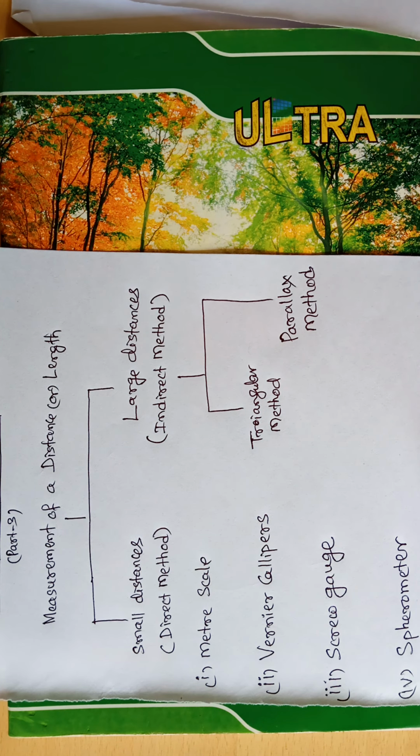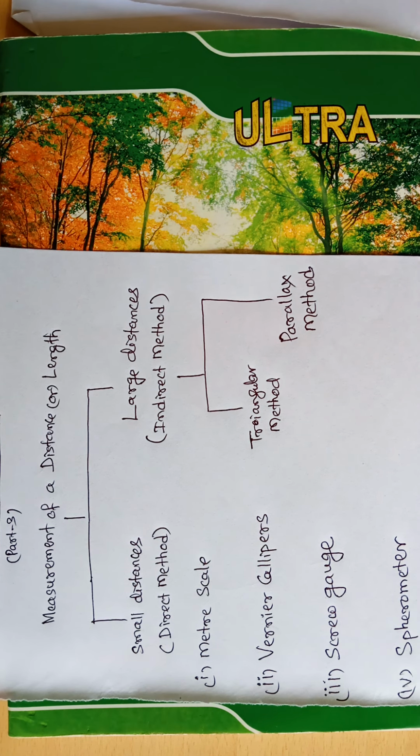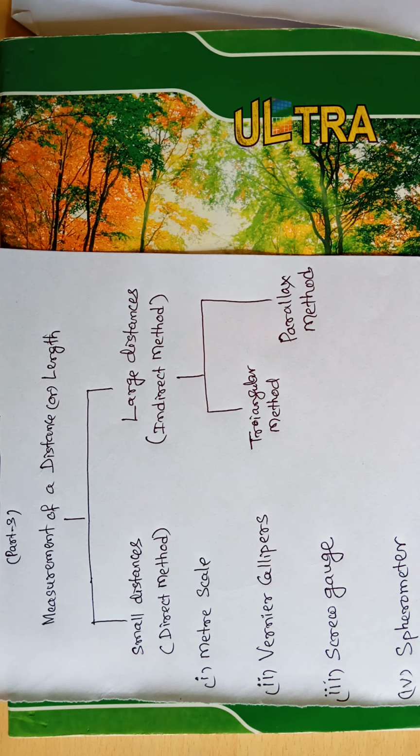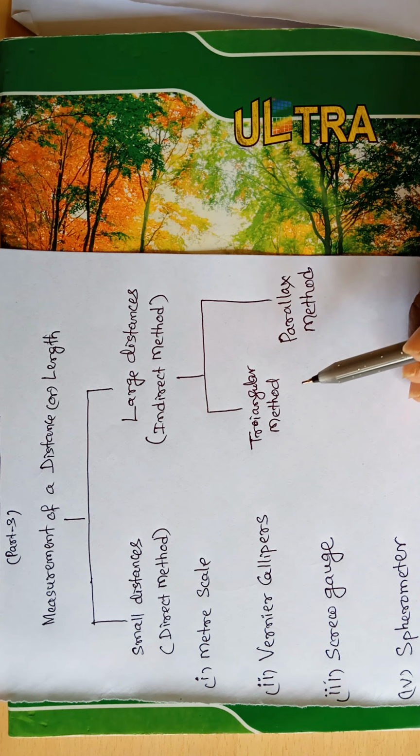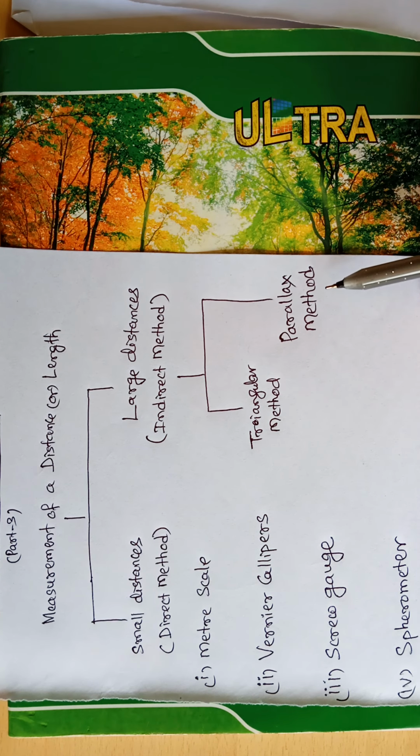In your 10th class, in mathematics, trigonometry was there. So making use of trigonometric identities, you have calculated the height of a hill or tower or distance of a tower, like that. And we will be discussing this in detail.